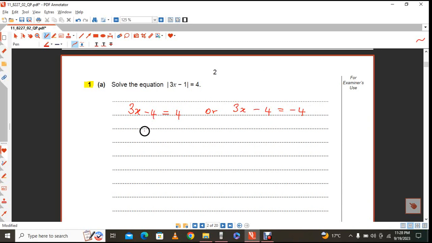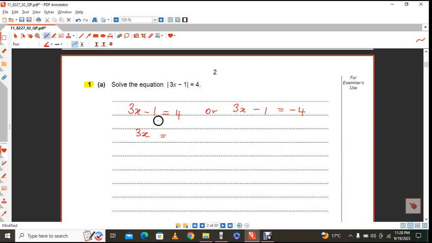This is a linear equation that is very easy to solve, so that gives you 8 over there. This is supposed to be 3x minus 1, just to make sure we don't make that small mistake.